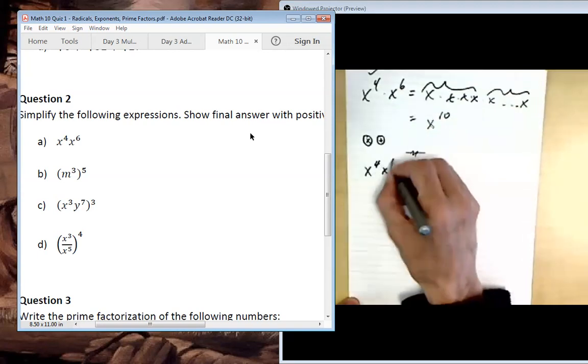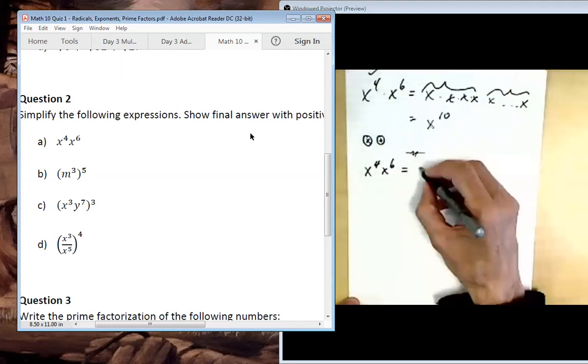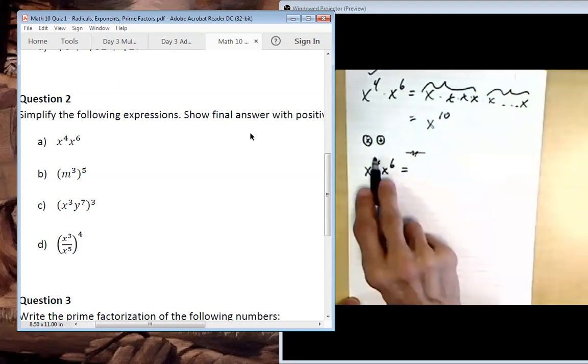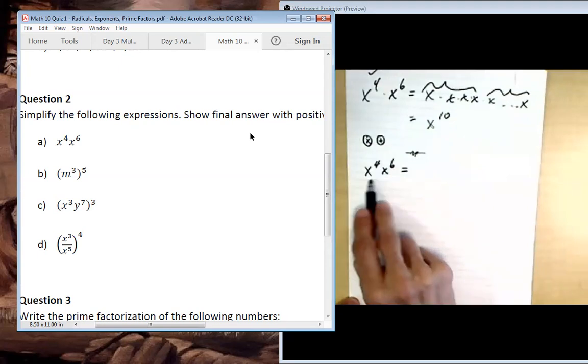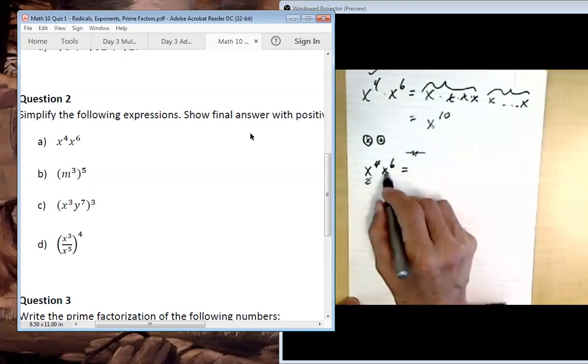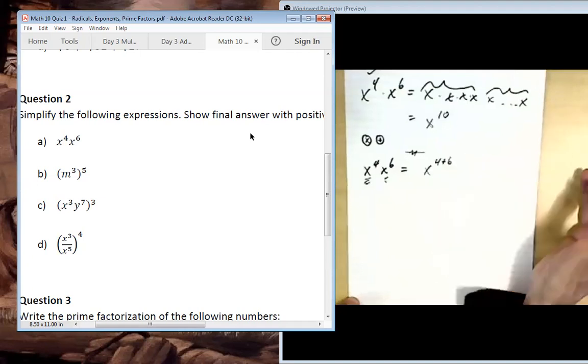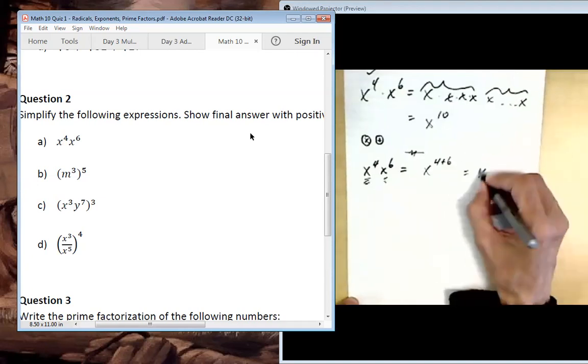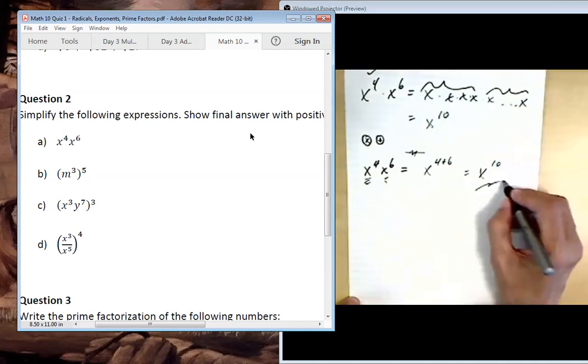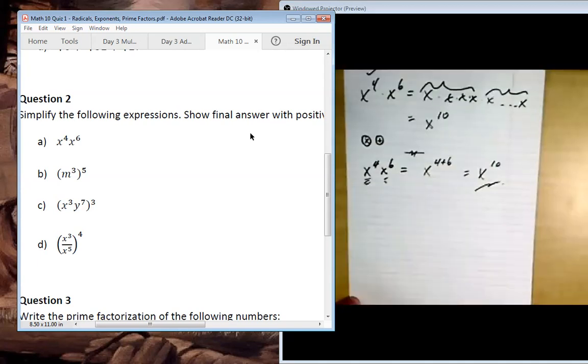You recognize that in this situation, because it's the first term times the second term, that means you add the exponents. So show that you add the exponents. Good looking answer, shows everything there.